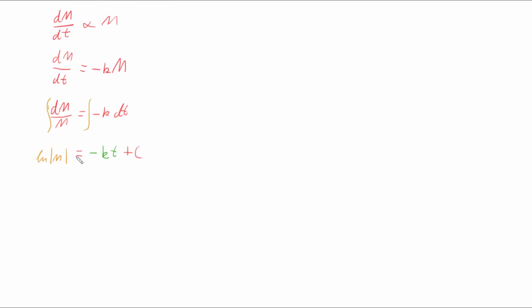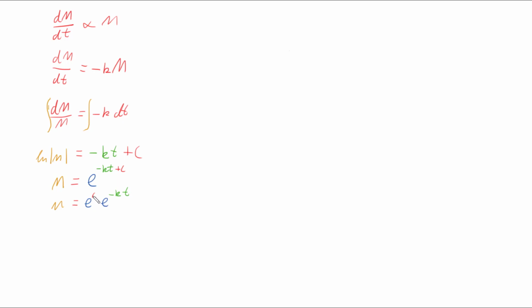Now we want to get M on its own because we want to know something about the mass. So we're going to raise both sides to the power of e, and that'll cancel out the natural log. That leaves us M equals e to the negative kt plus c. We can separate these two powers because they're added, so M equals e to the c multiplied by e to the negative kt.